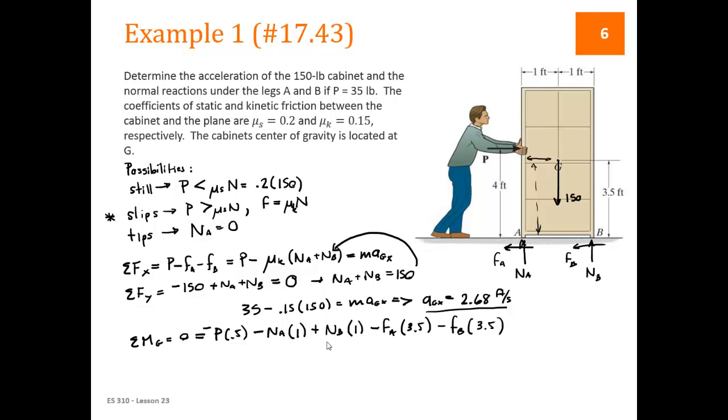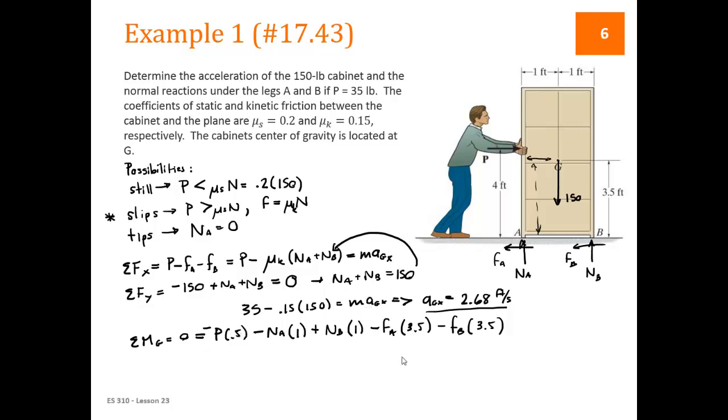So that sum is equal to 0. We know P, we don't know NA, we don't know NB, but we do know FA and FB in terms of NA and NB, so this really is two unknowns, and we can use this equation up here as our second, and we can find NA and NB.